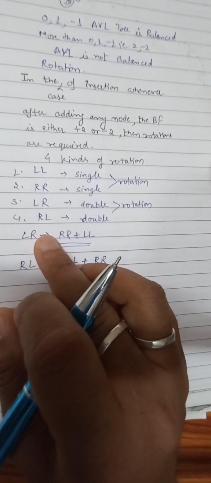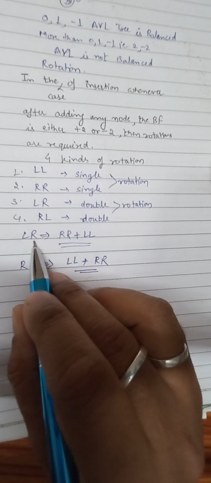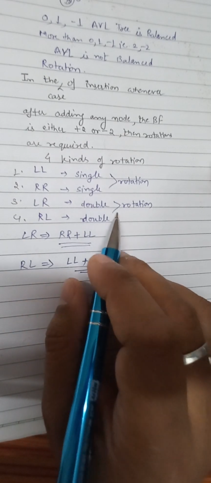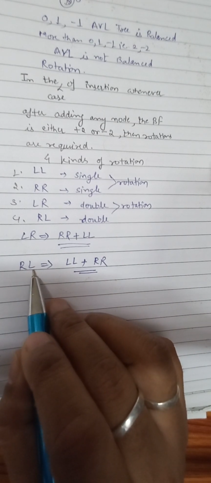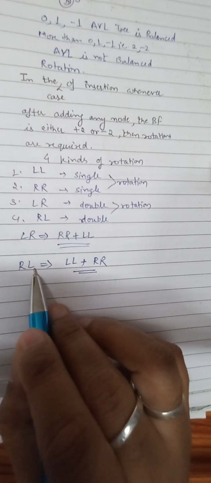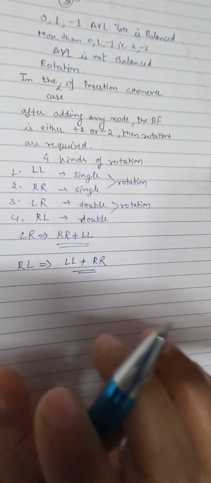How can we break them? For LR, first we go for RR, after that we go for LL. Because two rotations are there, they are known as double rotation. In the similar way for RL, first we go for LL, then we go for RR. There are also two rotations, so these are known as double rotation.